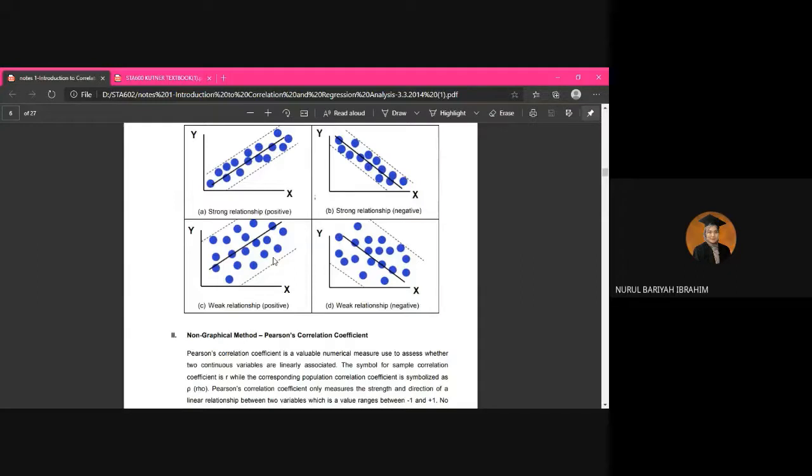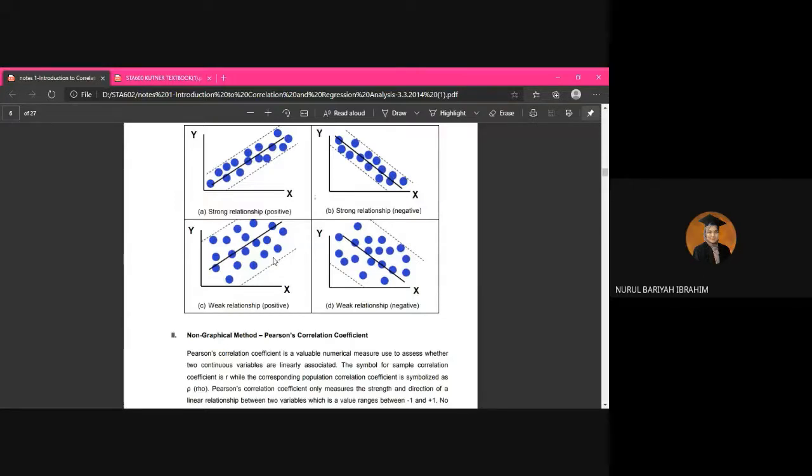But to check the strength of the relationship, it is suggested to use another technique, because the opinion of every individual is not the same.